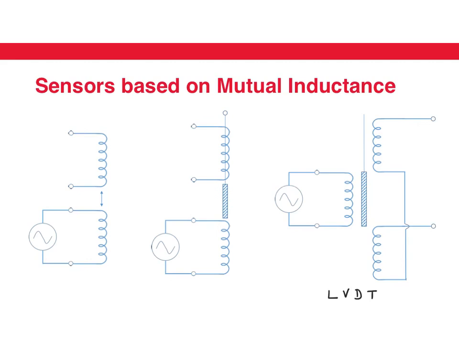Here the magnetic field from this coil is induced to two secondary coils, and depending on the position of the core, the magnetic field is induced more on the first coil or more on the second coil, and we take a difference of the voltages induced on these two coils, and therefore this is also an example of a differential signal. We'll look at this in a little bit more detail in the next slide.